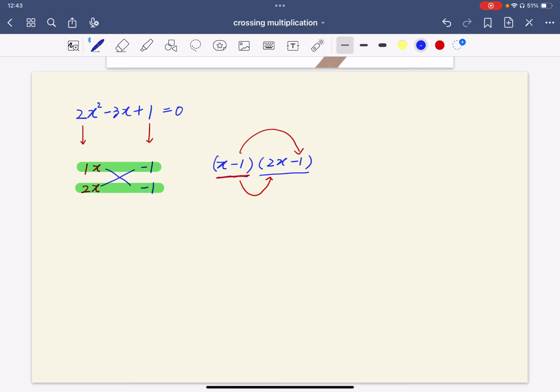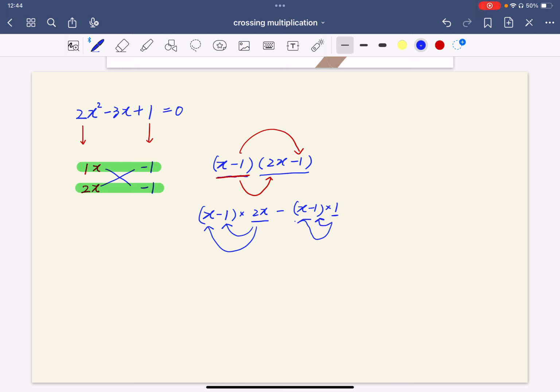So we get x minus 1 times 2x minus x minus 1 times 1. Once again, you can regard 2x as a whole, then distribute 2x to this x, to this 1. This 1 can be distributed to x, then distributed to 1.